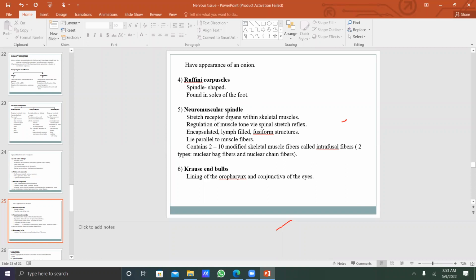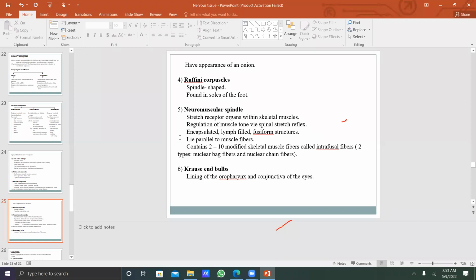And the neuromuscular spindle is found in the skeletal muscles. They are the stretch receptor organs within the skeletal muscles. They regulate muscle tone via the spinal stretch reflex. They are encapsulated, fluid-filled, and fusiform in shape.